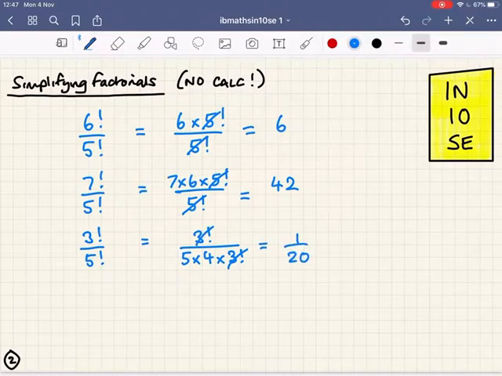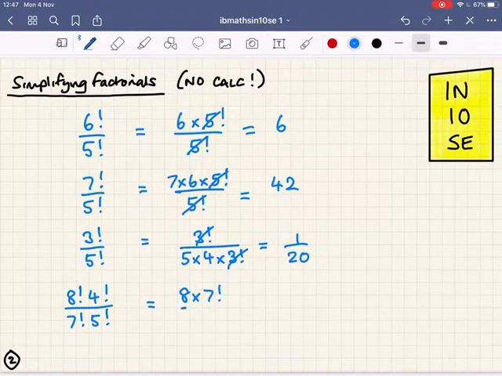And we can keep doing that however complicated the numbers are. So I might end up with 8 factorial times 4 factorial over 7 factorial times 5 factorial. Again, just looking at the numbers, I see 8 and 7 factorial are close together, so I'm going to write 8 factorial as 8 times 7 factorial, and I'm going to leave the 7 factorial on the bottom as a factor.